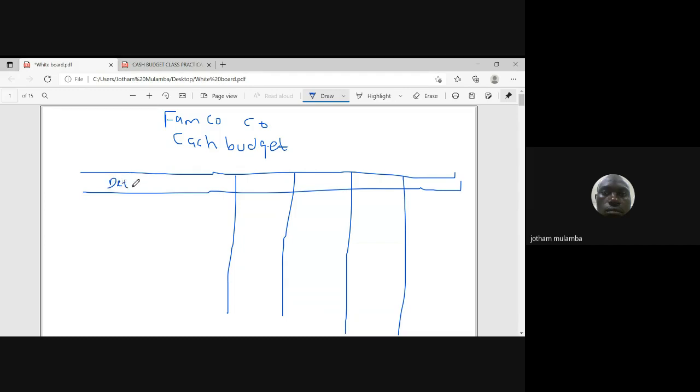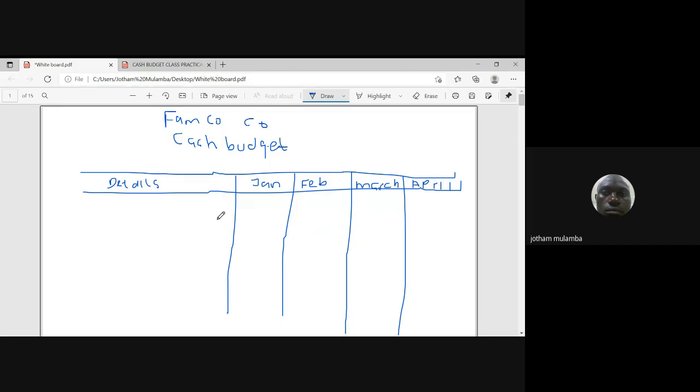So we write here details. We'll make January here, Jan. We'll make Feb here, Feb. March. March. Then April. So with the cash budget, we record one item at a time.